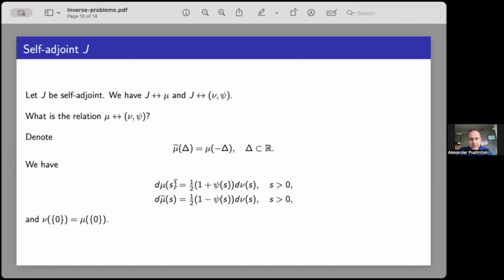Then this mu can be unfolded from nu as follows. This is the mu on the positive semi-axis: you take 1/2 of 1 plus psi. And on the negative semi-axis, up to this reflection, it's 1 minus psi. So psi tells you how to unfold. There is some special thing going on for 0, but that's maybe less important.